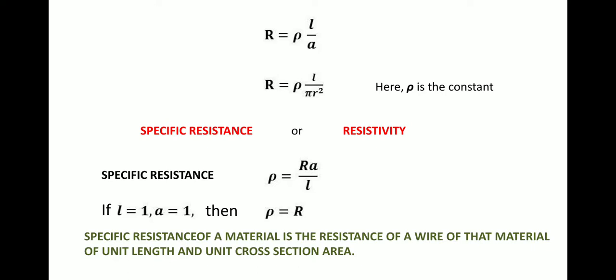So the specific resistance of a material is the resistance of a wire of that material of unit length and unit cross-section area.